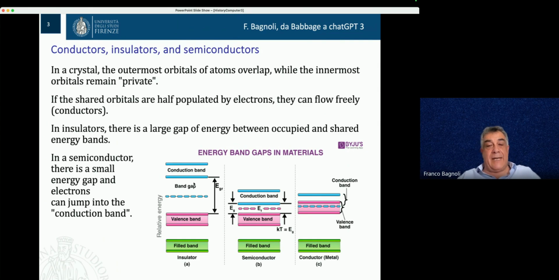They can conduct, but only after a breakdown, which normally implies the destruction of the material. While for conductor metals, there is a continuous available number of levels from the valence band to the conduction band, and so they can conduct electricity without any problem. Clearly, in the middle there are semiconductors, which have a gap of the order of some electron volts, so that given a sufficiently high field, they can conduct.